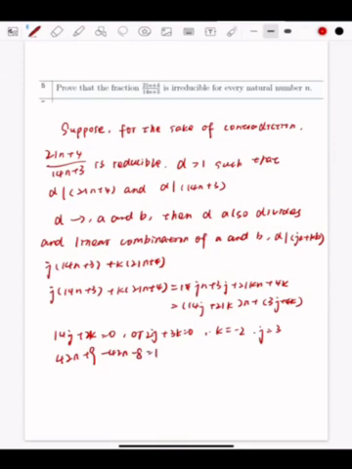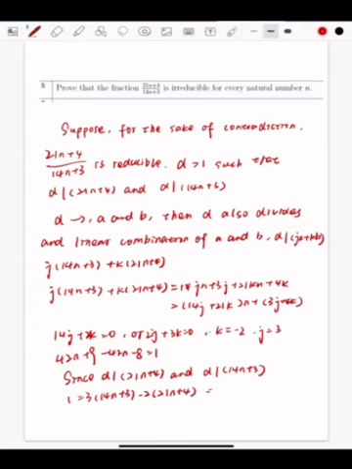Since d and the second one that we wrote before, but the only positive divisor of 1 is 1 itself, right?